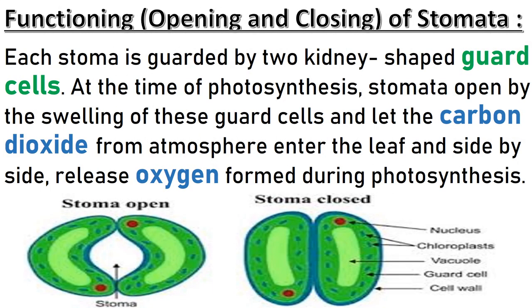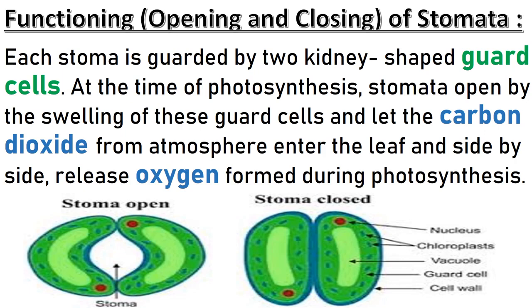Let us now learn the functioning, that is, opening and closing of stomata. The singular form of stomata is called stoma. Each stoma is guarded by two kidney-shaped guard cells.